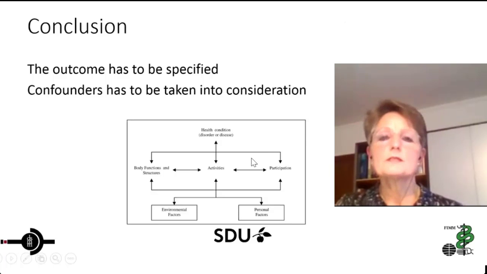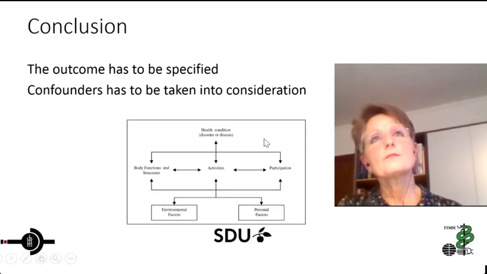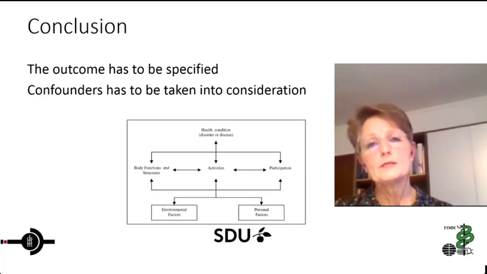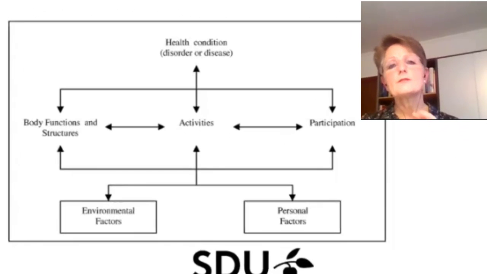In conclusion, I want to underline that the outcome has to be specified for what you want to show. You have to consider whether you want to look at a specific treatment in a small group, and whether you want to see if a specific treatment is effective. Then you can look at outcomes defined as VAS pain measurements, or you can look into more activity-based measures.